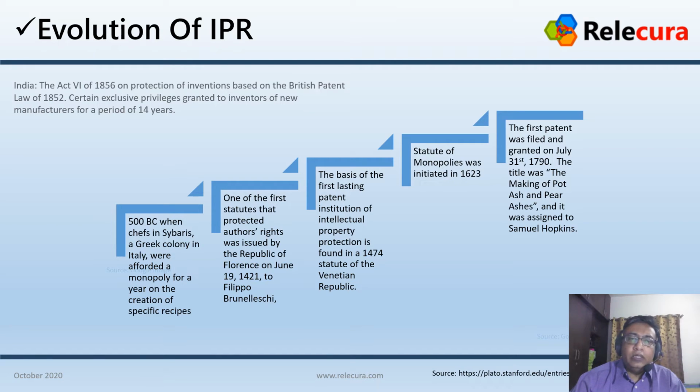From there, the evolution of IPR goes on, and new inventions, new laws and new treaties all come up and have made IPR rights stronger. So let's see what IPR rights there are.